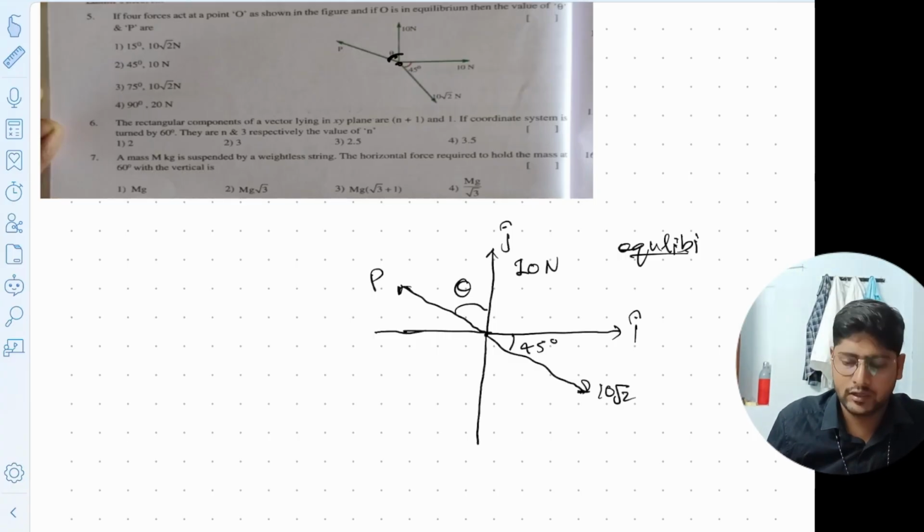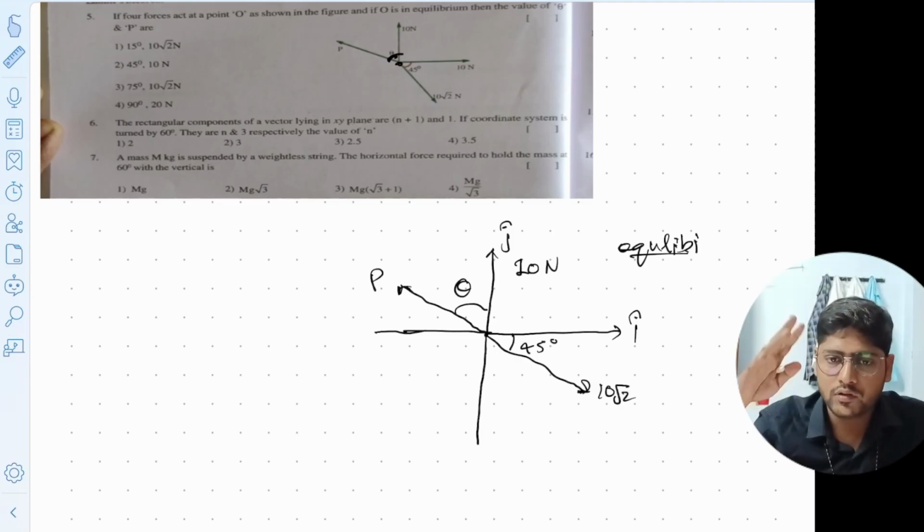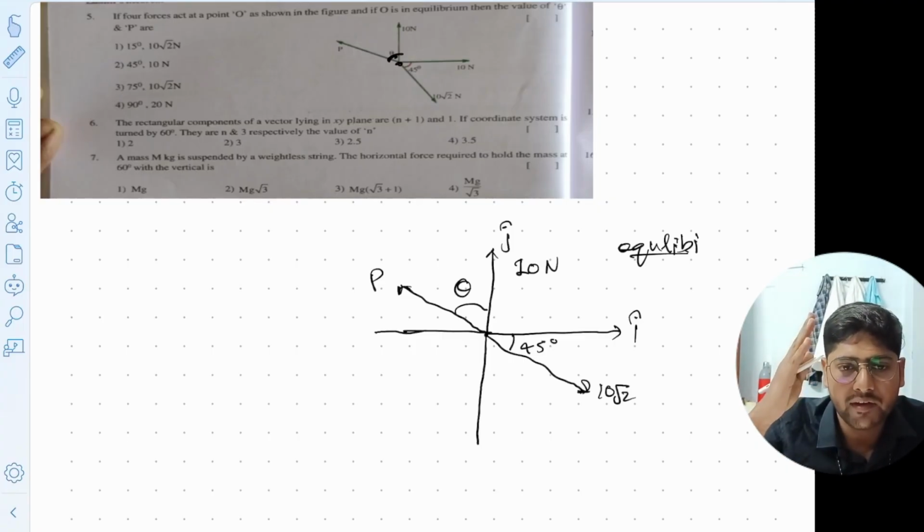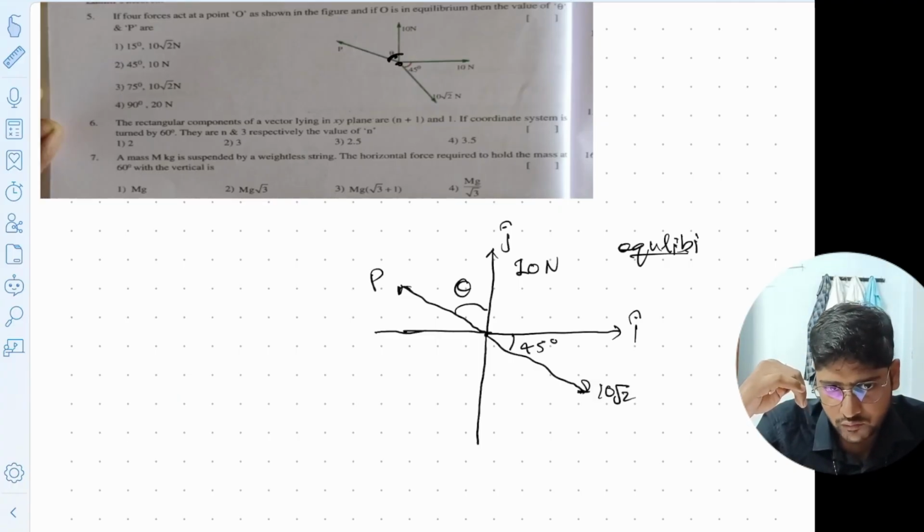Equilibrium means the total force in the xy direction should be 0. No force should be there. So first make the components. The force along the positive y axis should be equal to the force along the negative y axis.